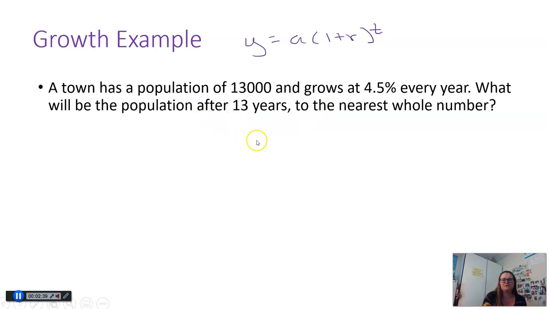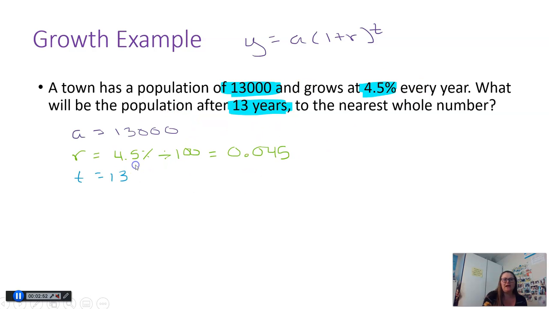So first let's highlight our important information: 13,000 people growing at 4.5% over 13 years. So what's a, r, and t in this? A is your 13,000, our initial population. R is our 4.5% divided by 100 to give us 0.045.